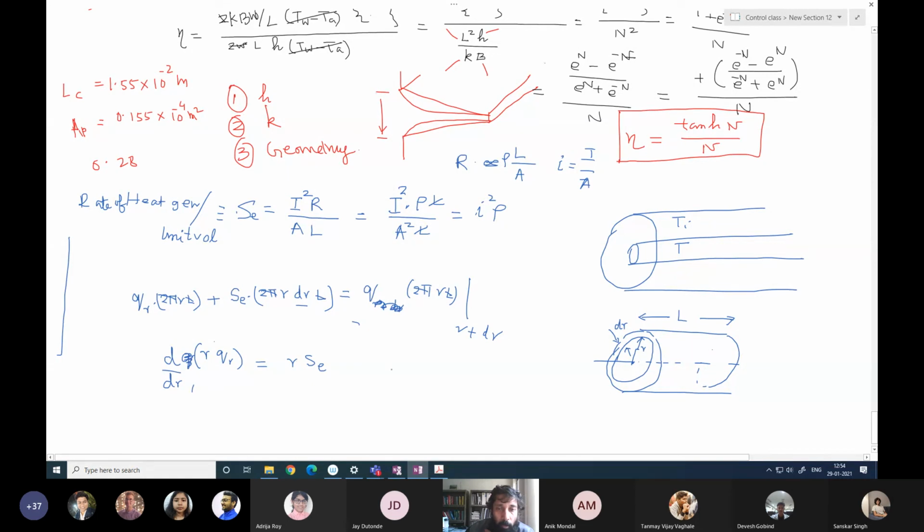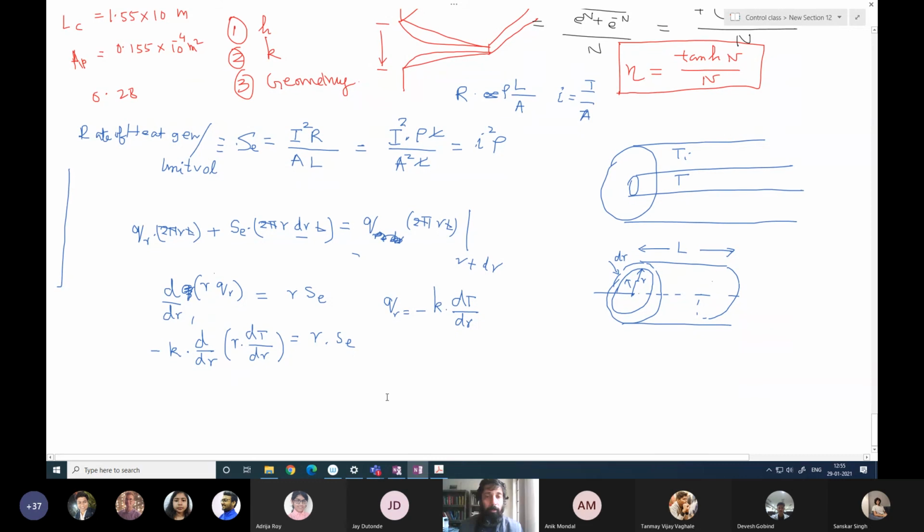So now we can write q_r equals minus K dT/dr. So this becomes minus K times d by dr of this typical cylindrical coordinate thing, R dT/dr, equals R times S_E.